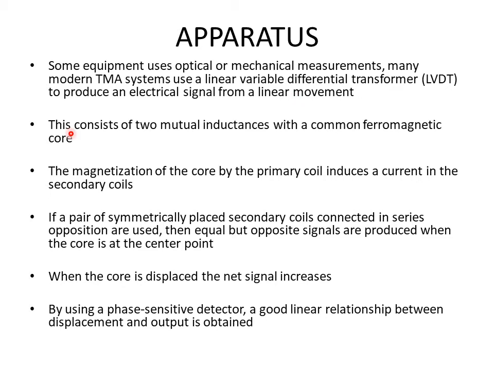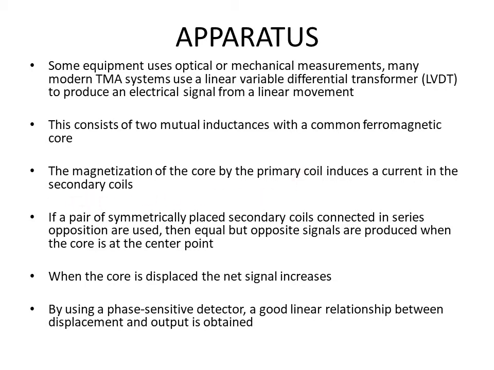This LVDT consists of two mutual inductances with a common ferromagnetic core. With any linear movement inside, there is magnetization of the core by the primary coil, and this magnetization induces a current in the secondary coils.